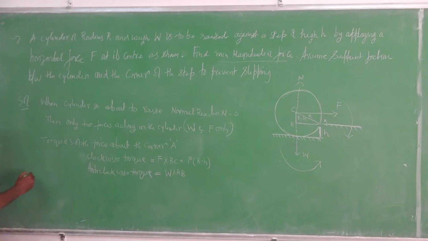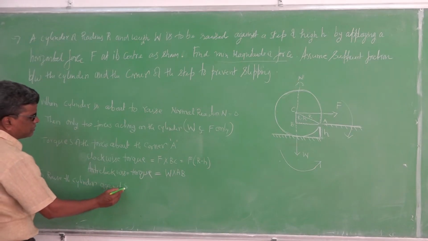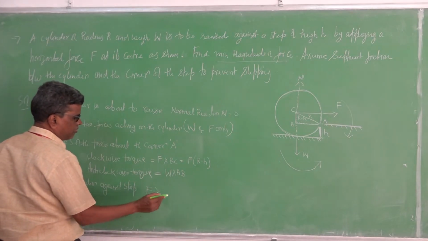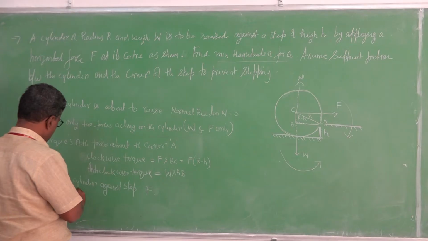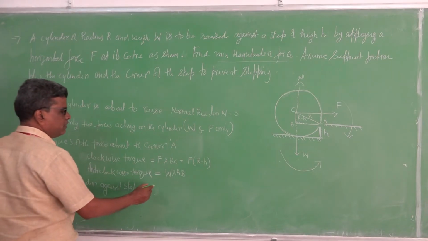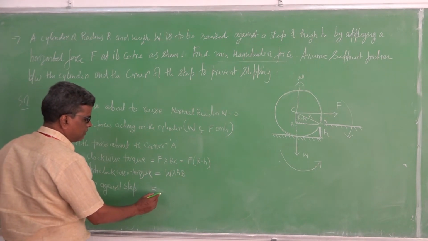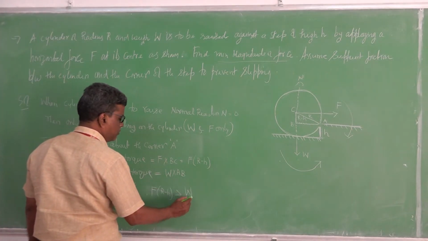So to raise the cylinder against the step, the required condition is F into BC, that is r minus h, should be greater than or equal to W into AB.